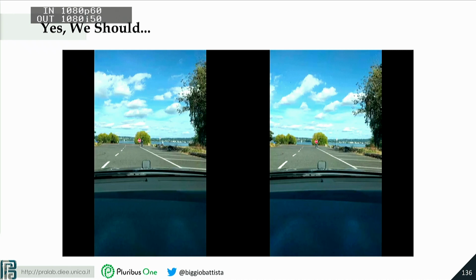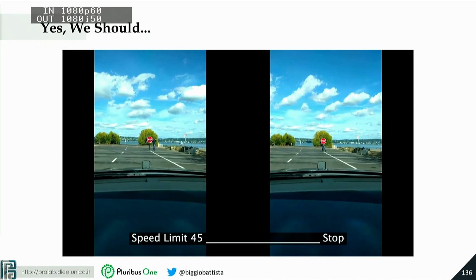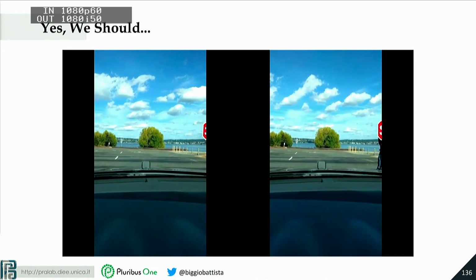So what I'm showing here is, in the left image, you have the modified stop sign. This will be recognized as a speed limit for most of the video duration. You can see the prediction, it will appear down here. And this is the original stop sign, which is consistently correctly classified. Okay, so now I'm playing the video, and you can see that there's a difference. This one is misclassified as a speed limit.